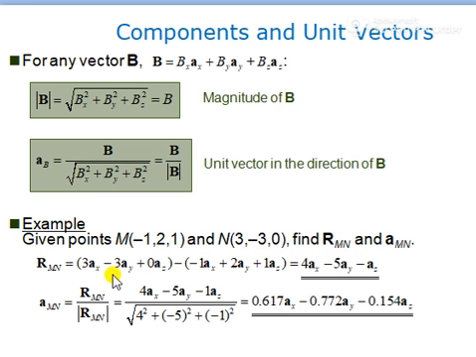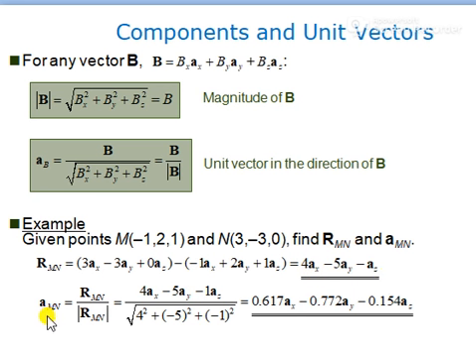So this is rn and this is rm. So rn has components 3 ax minus 3 ay plus 0 az, minus minus 1 ax plus 2 ay plus 1 az. So subtract here: 3ax plus 1ax is 4ax. After doing the subtraction and addition, you will get this. This is a distance vector.